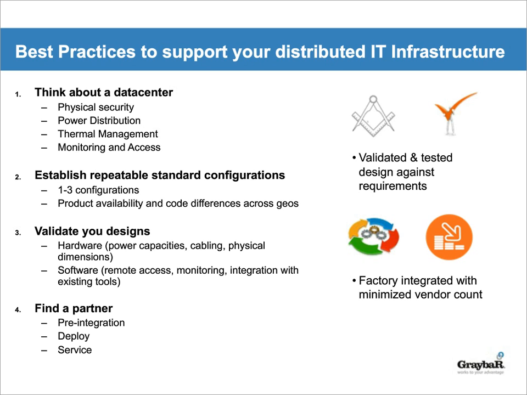Same thing with thermal. If you think that you have enough comfort cooling in a certain building and you deploy your IT equipment in there, and it turns out that the comfort cooling wasn't enough, your IT equipment is going to heat up and it's going to shut down, leading to downtime.